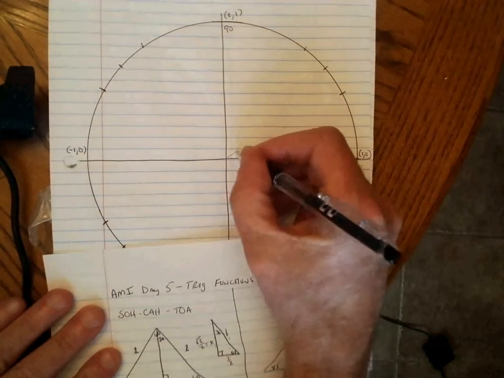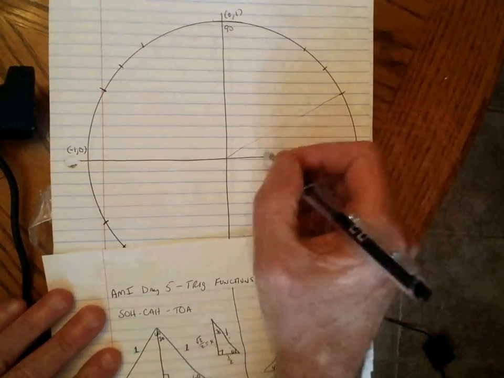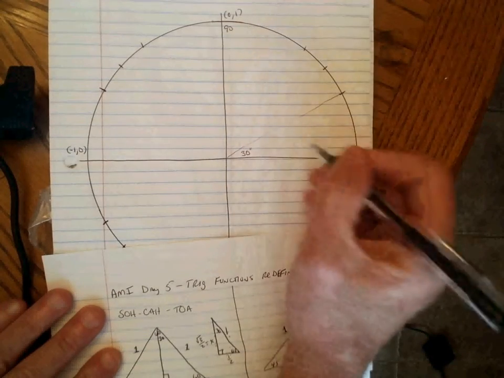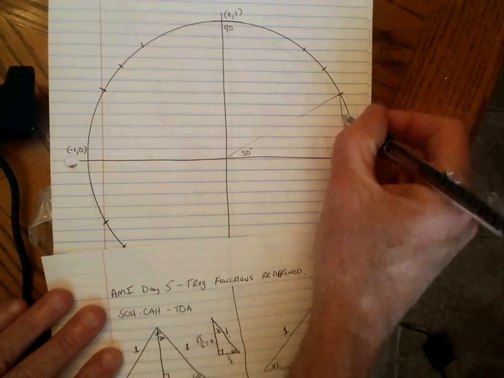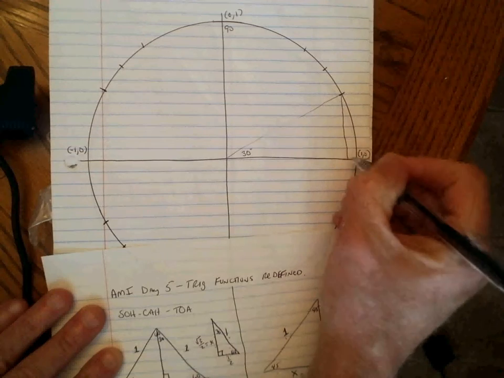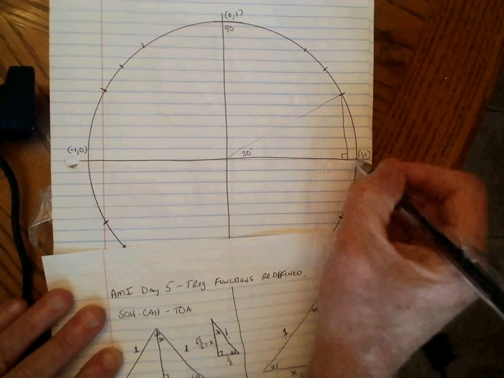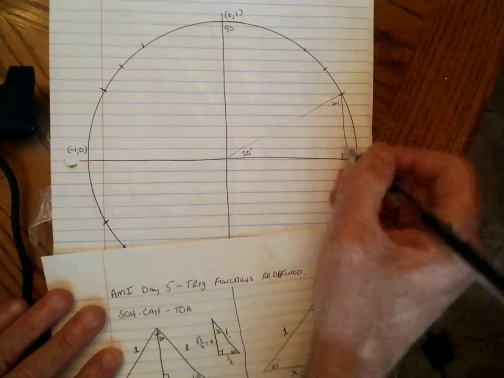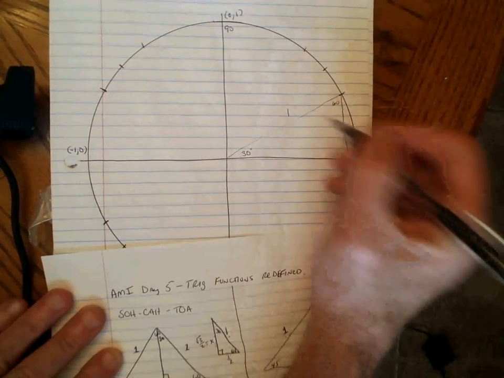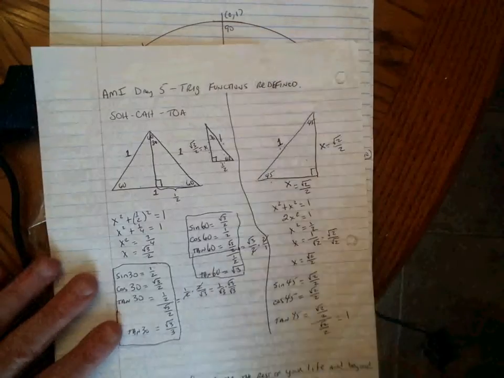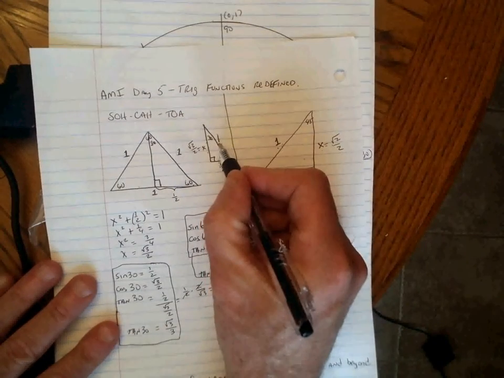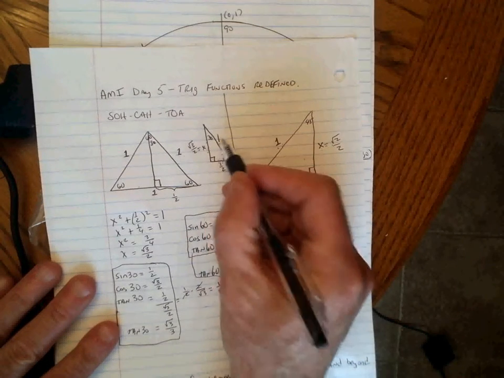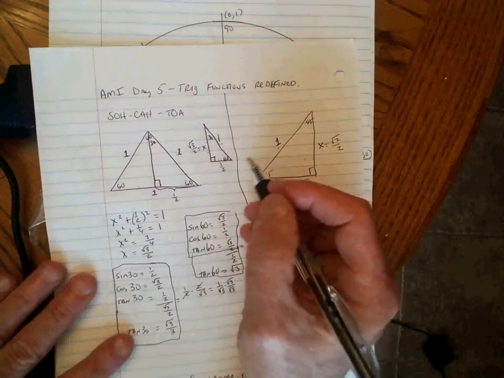Let's look first at this 30-degree angle. This is 1/3 of the way to 90. That makes that a 30-degree angle. And if I look at this leg drop down to meet the x-axis perpendicularly, I have a 30, 60, 90 triangle. The hypotenuse is 1. We just created a 30, 60, 90 triangle with hypotenuse 1, and every 30, 60, 90 triangle with a 1 as a hypotenuse is congruent.